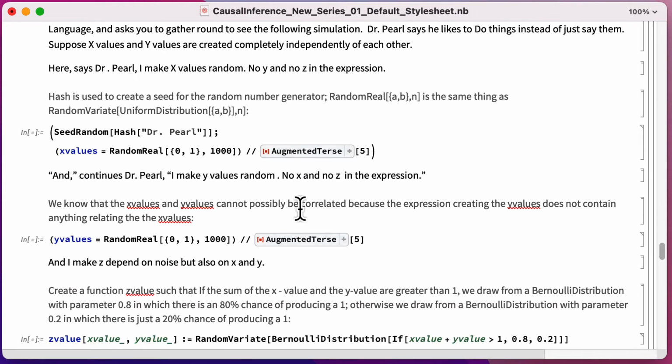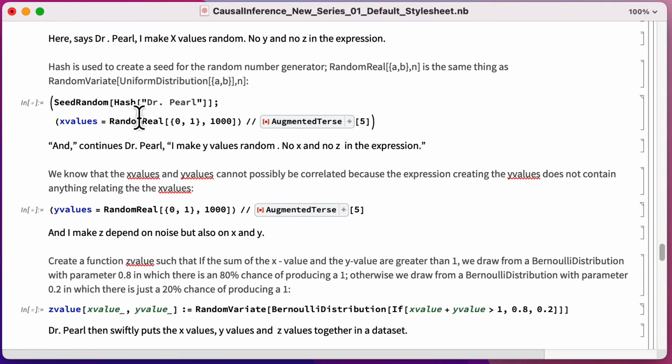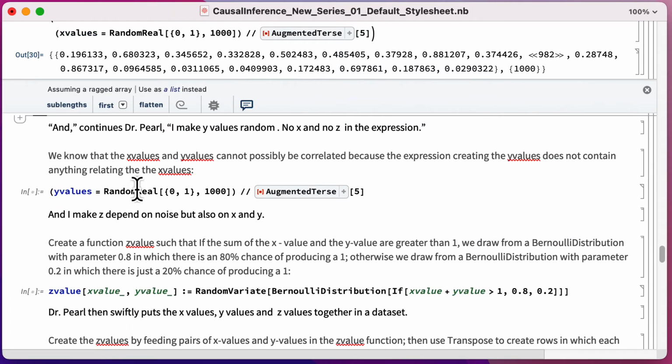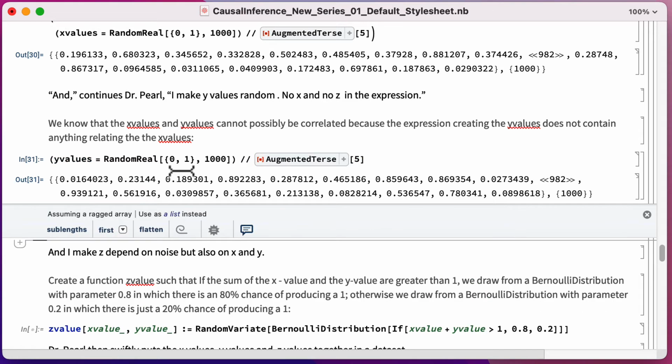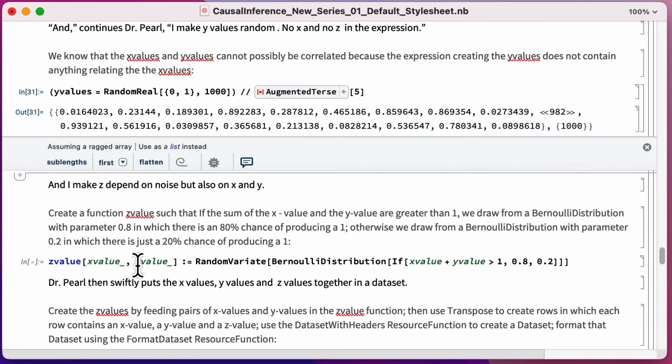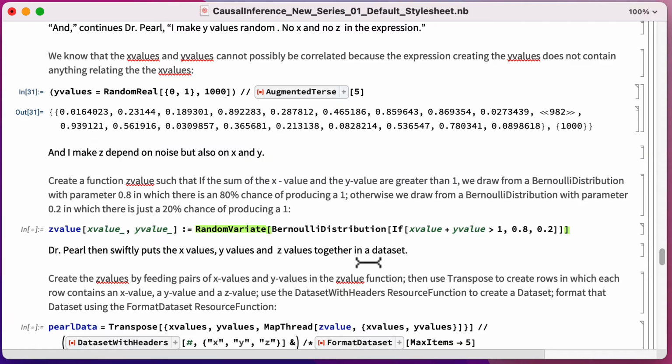So here's what we're going to do. We're going to create some x values. There we are. We're going to create some y values, and you'll notice y doesn't know anything about x, and x doesn't know anything about y. But we are going to have a third thing where both x and y contribute to this z value.